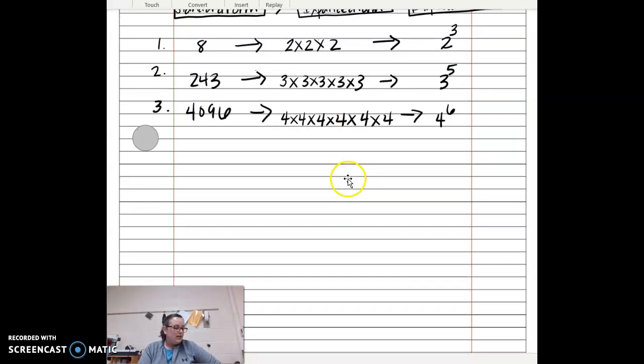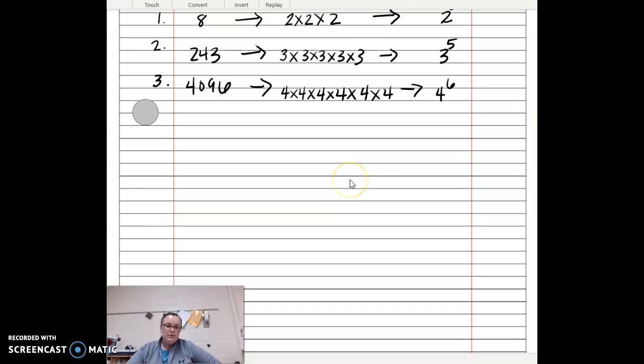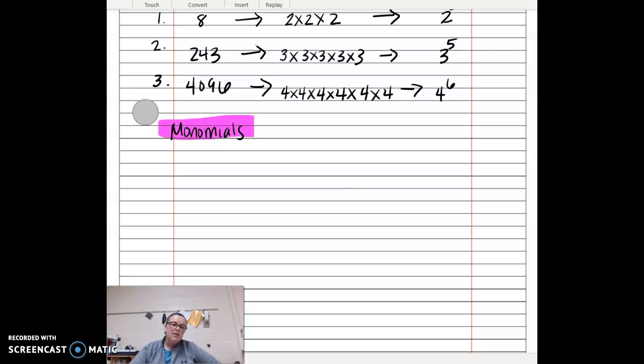What I'm going to do next is look at what monomials are. Highlight that. Monomials, pretty much just a number, a big fancy word for a number.